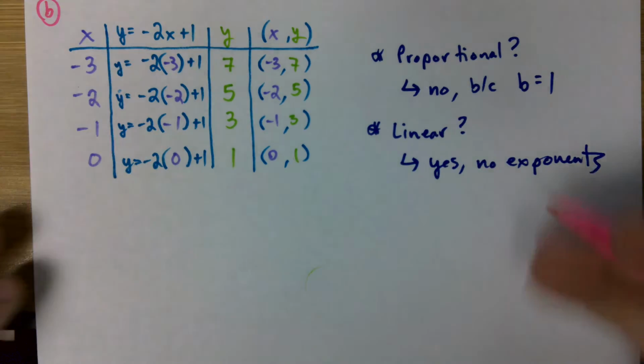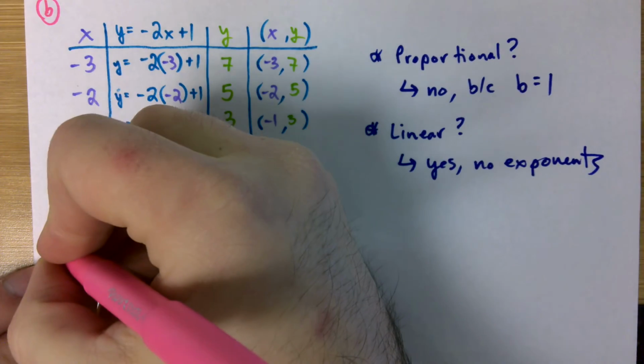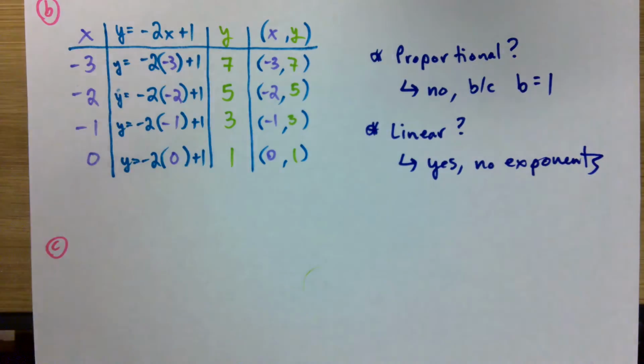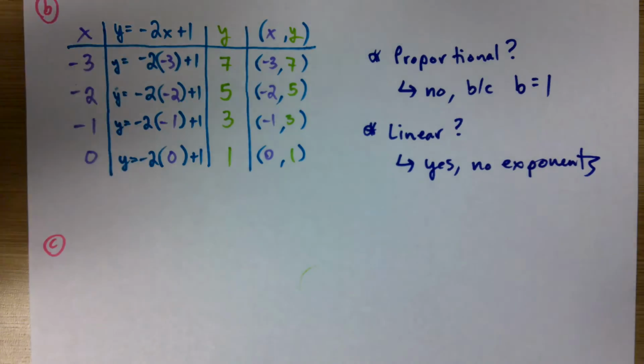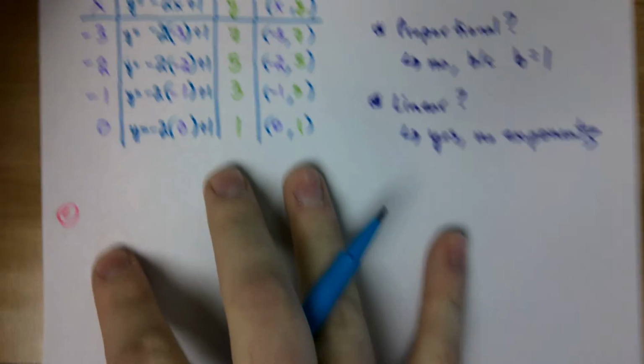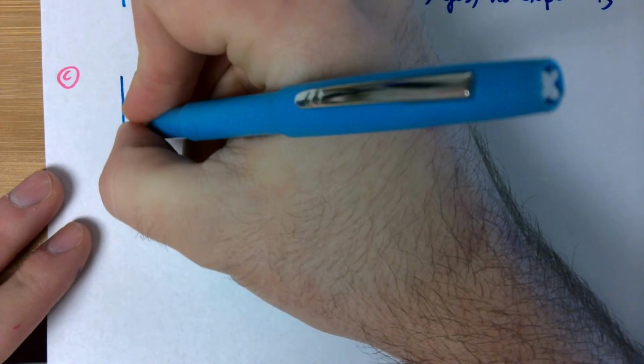Now let's kick it up a notch. Uh-oh. You'll be fine. It's not that bad. We've been talking about a lot of no exponents, right? Let's take a look at one with some exponents in our function.